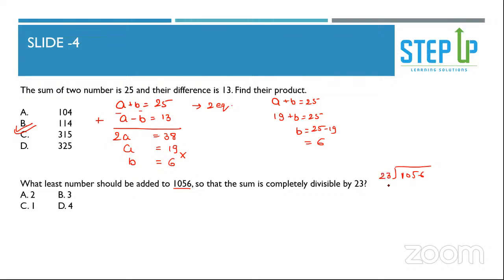So I'll divide 1056 by 23. 23 into 5 will be 115. 23 into 4 is 92, 23 into 5 is 115, and this is 136, right? 23 into 6, 6 times 3 is 18, 6 times 2 is 12 plus 1, 138. So, okay.